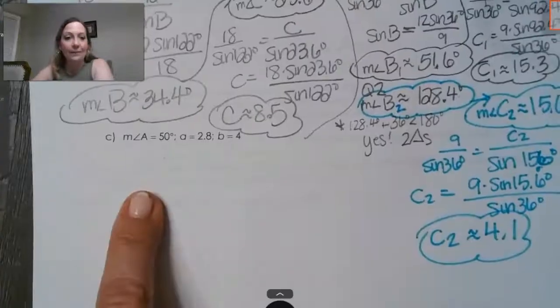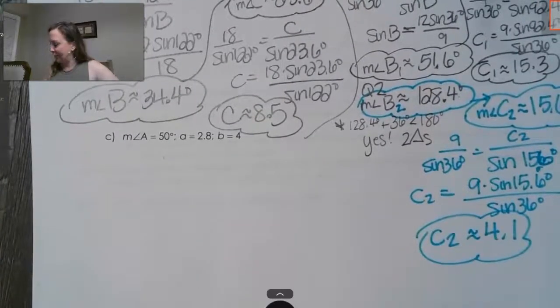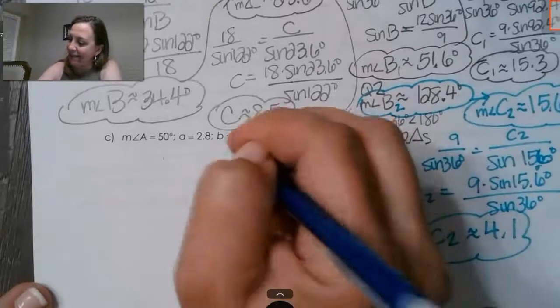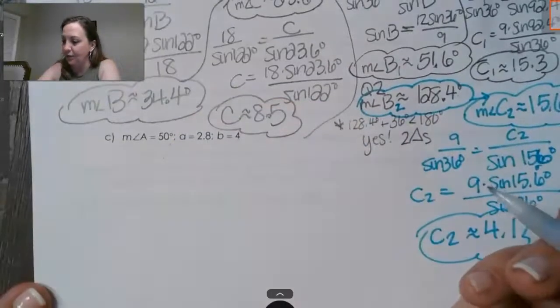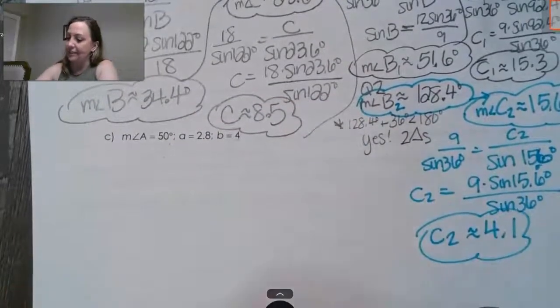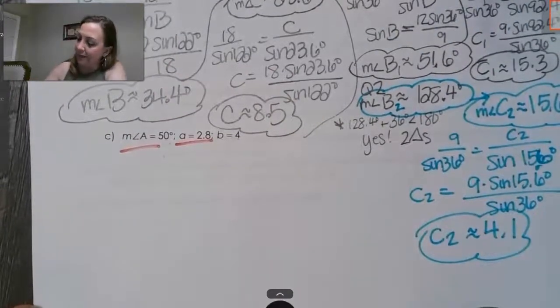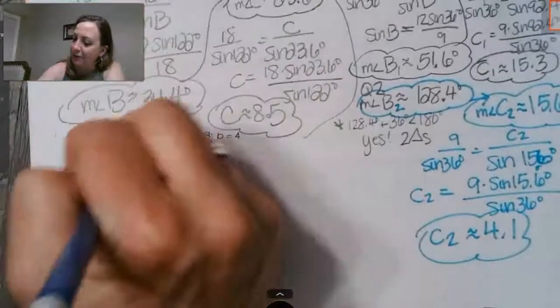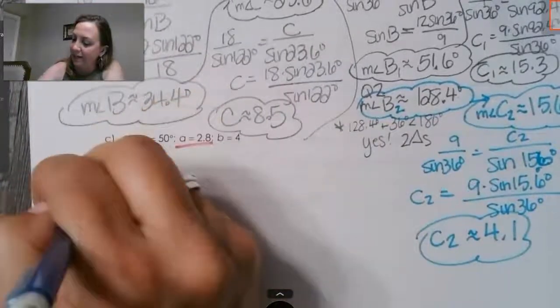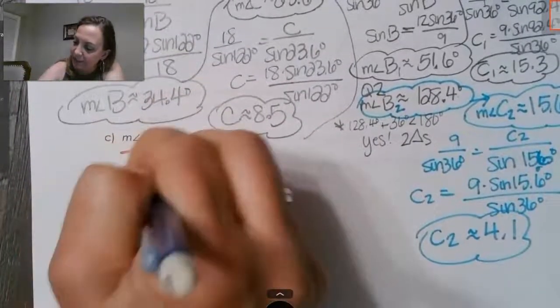Okay. And then we have letter C, and we have an SSA case where it's acute. So that means I'm going to need to just set it up and see what happens. So I have my original ratio of 2.8 over the sine of 50 degrees.